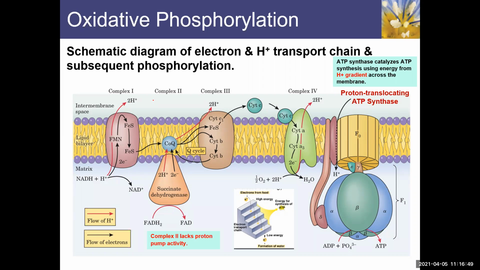Now we move on to complex 3. Just remember these names. We're not going into details of this. I'm not going to tell you that we have a heme group in the cytochrome B and all that. No, we just need to know the components over here. So in complex 3, we have the cytochrome B, and then we have the cytochrome C1 complex. This has 11 subunits. If you remember, I told you complex 1 is the largest of all.